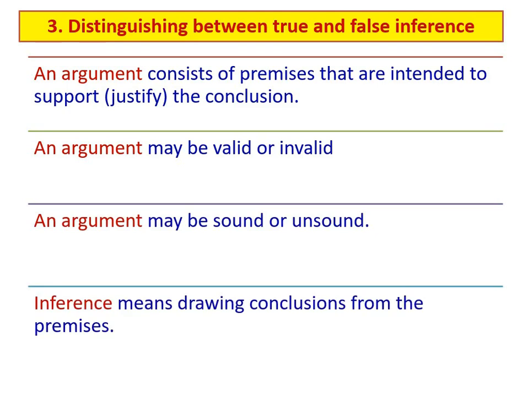Inference or concluding means drawing the conclusions from the premises. So, when we are arguing, we draw or derive the conclusions from the premises, as stated before. This process is called inference or concluding.